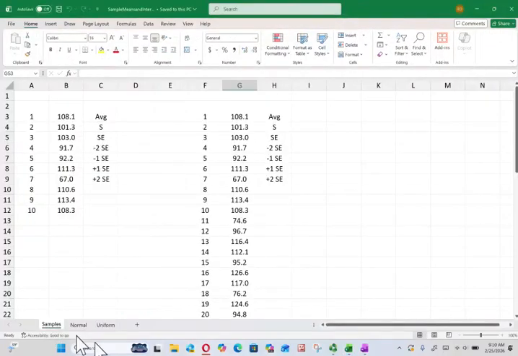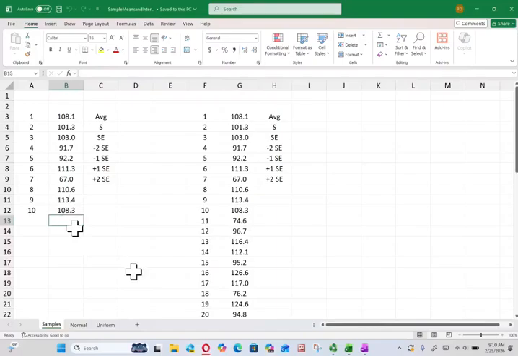And the tab we want is Samples. And this is a sample of size 10 and a sample of size 100, and they're from the same normal population, a mean of 100 and a standard deviation of 15.